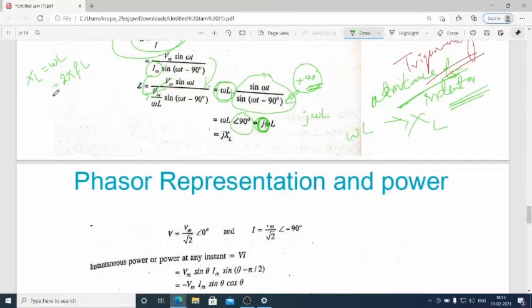This is called inductive reactance. Sorry, this is not admittance. Inductive reactance, which is measured in ohm. Okay.